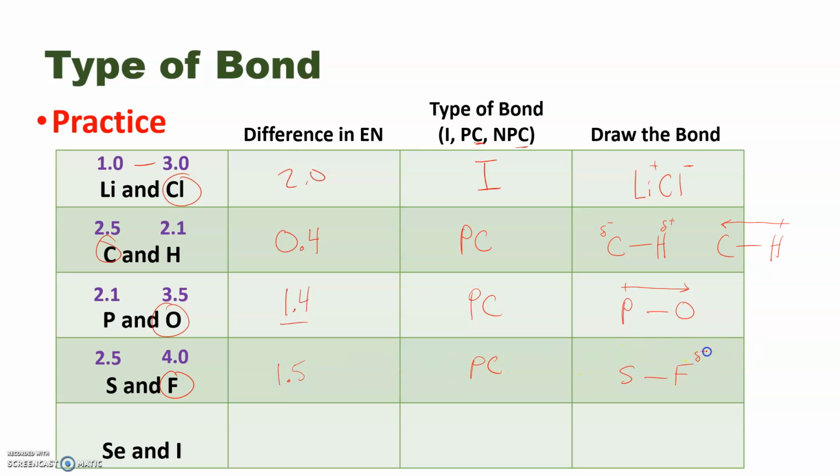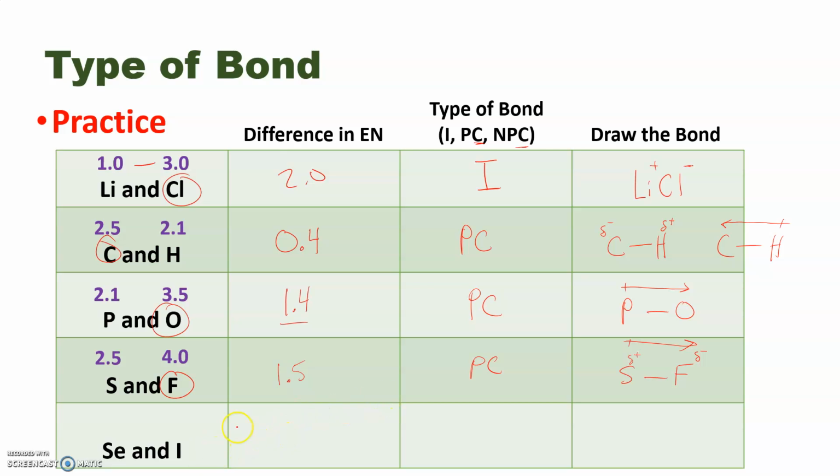The partial negative anyways. The more electronegative gets the negative. That means that this one will be partial positive. And again, these are two ways of doing partial charges, so either of these would be acceptable. So if you want to do it with the arrow, that's fine. Just make sure your arrow is going that way with the plus over here.